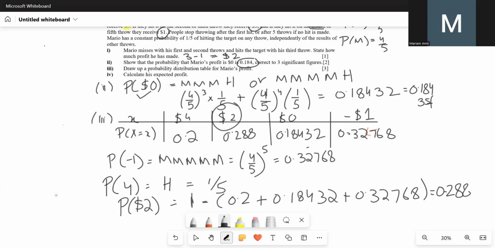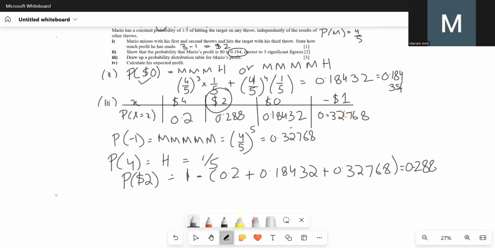Calculate his expected profit. We know the formula for expected value. It is E(X) equals summation xp.